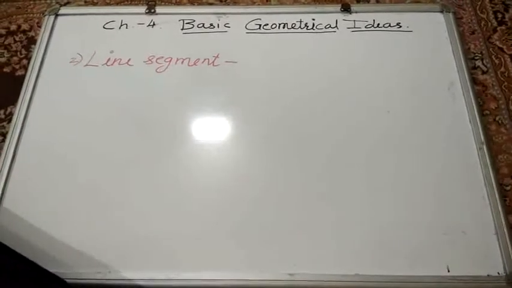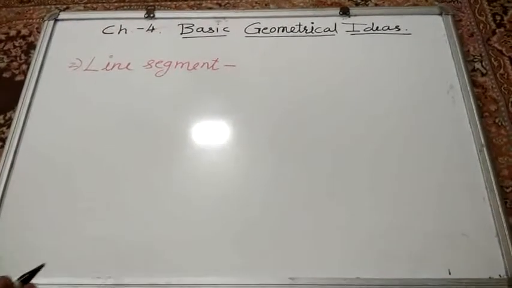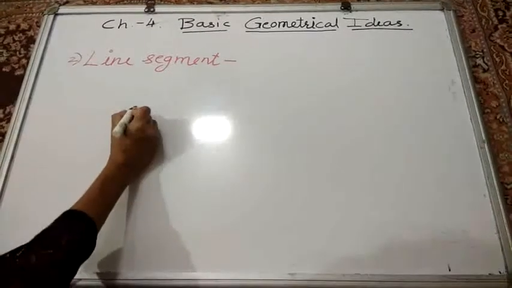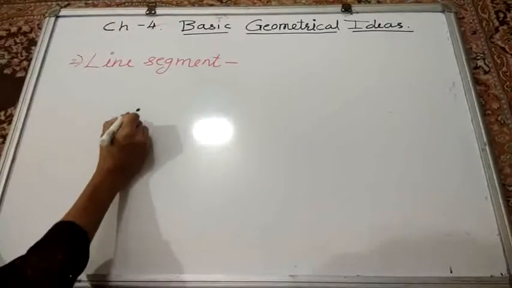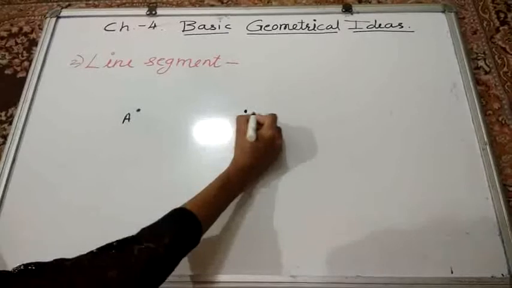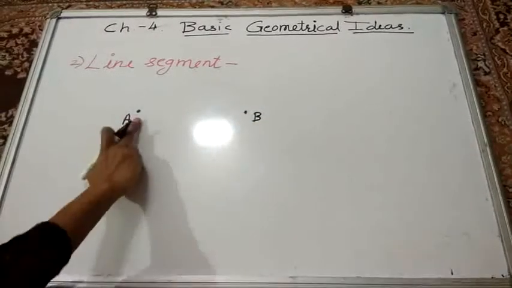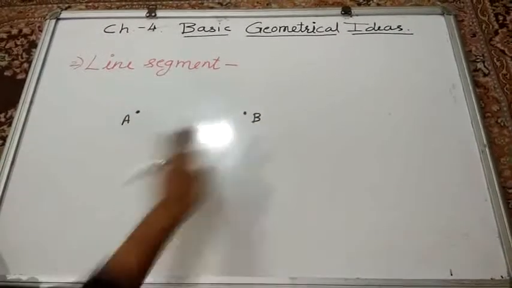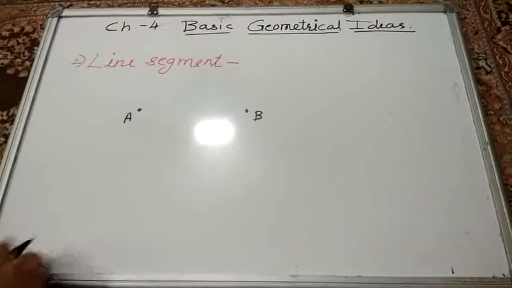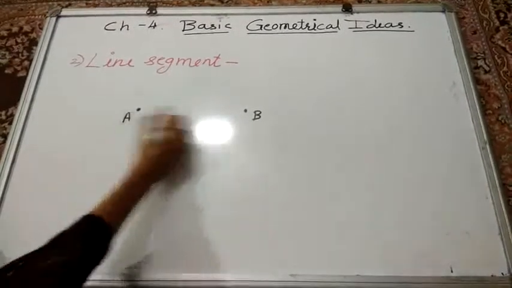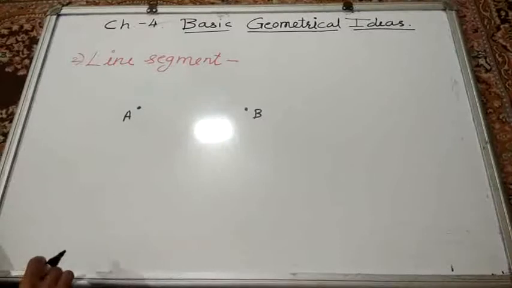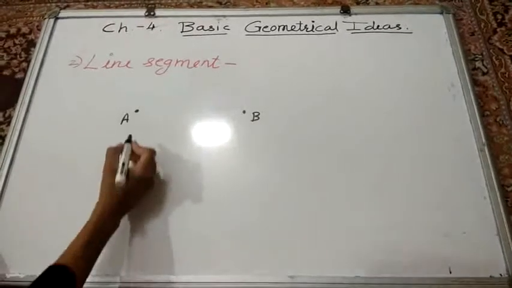To draw this line segment, we have to take 2 points. Here I take 2 points, point A and point B. Now, we have to join these 2 points by using a scale.